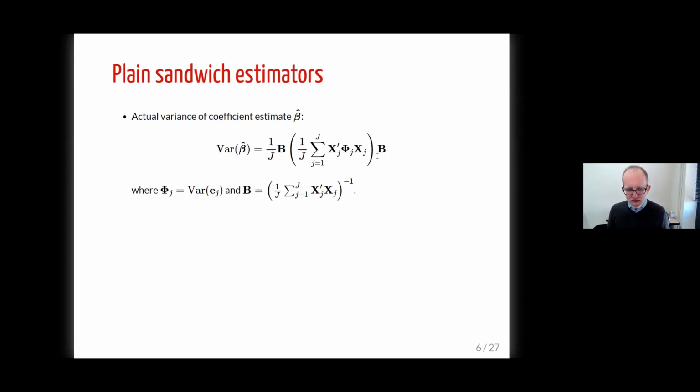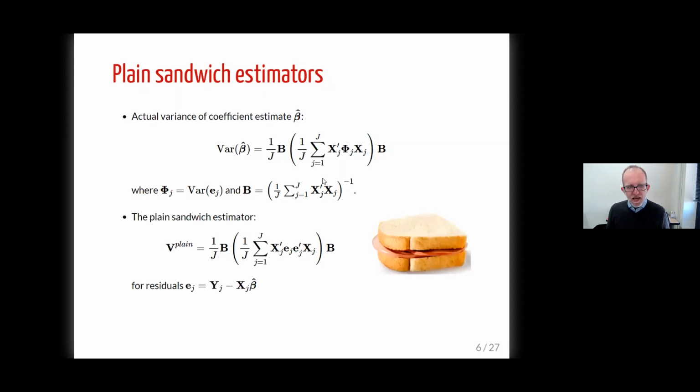So the sandwich estimator does this simply by replacing this unknown covariance matrix of the errors with a function of the residuals from the regression.